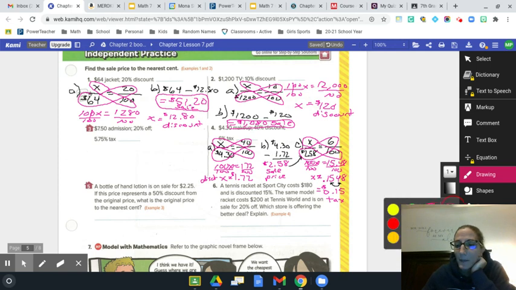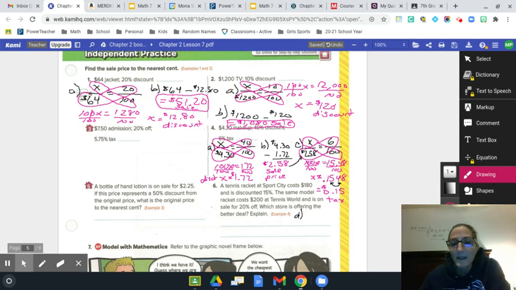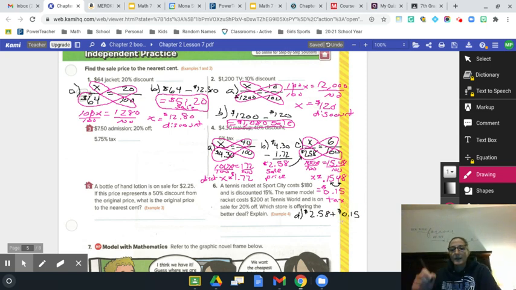Last step. I'm going to throw that right down here. We're going to take the sale price. Remember, the makeup's on sale for $2.58, plus add the tax that we just got, 15 cents. Let's see.